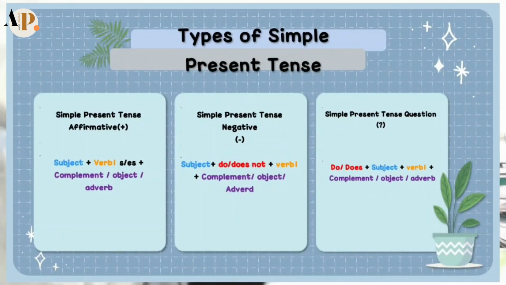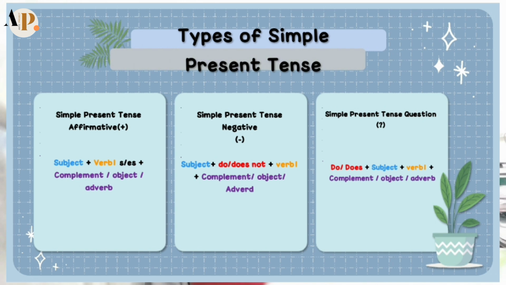Types of simple present tense. Simple present tense affirmative: subject plus verb 1 plus complement or object or adverb.